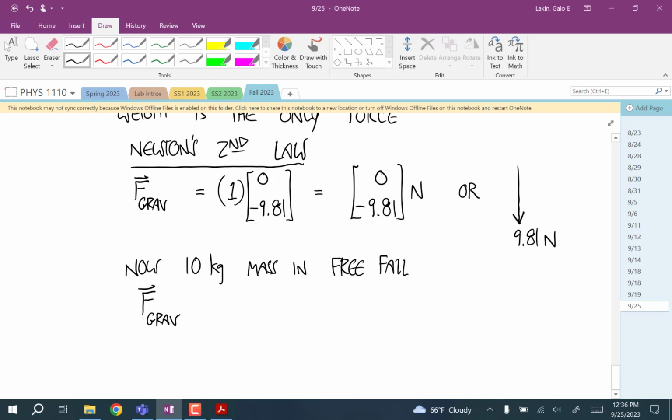And Newton's second law says that net force is equal to the mass times its acceleration. And if it's in free fall, we know that objects of all different masses fall due to gravity downwards at 9.81 meters per second squared. And so here we got that the gravitational force is 0 for x, negative 98.1 newtons for y.